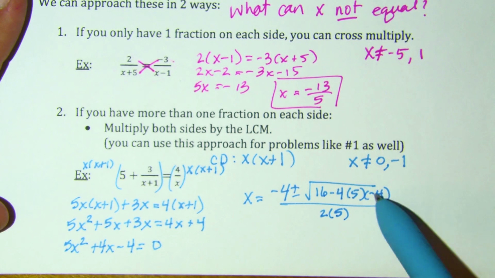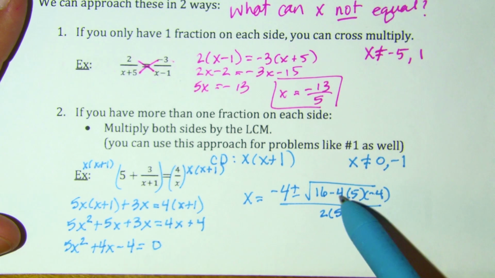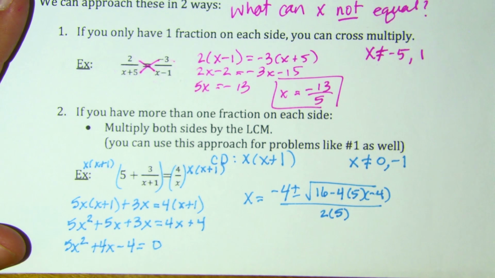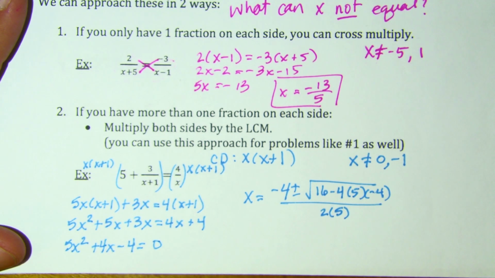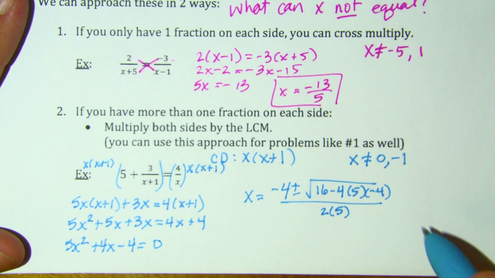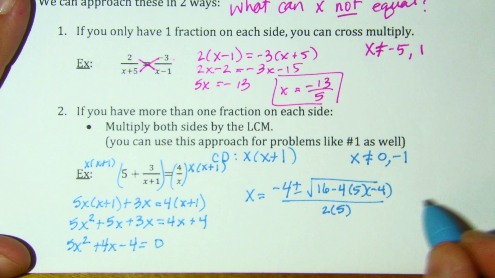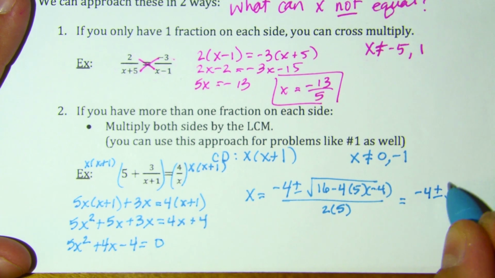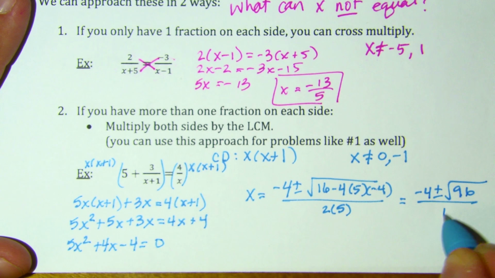And here we have a negative times a negative is a positive. 4 times 4 is 16, times 5 is 80. 16 minus 80, let's see here. Oh, not minus because we're adding them. So that'll be 96. So we have negative 4 plus or minus the square root of 96 over 10.